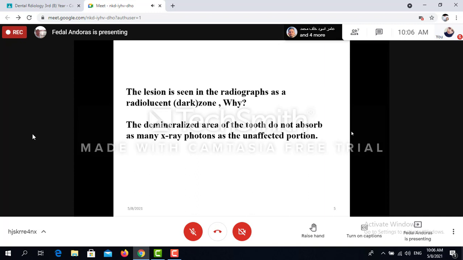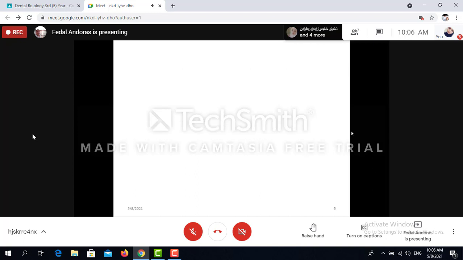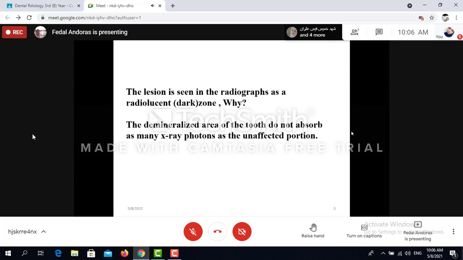So any matter like dentine and enamel that contains calcium and minerals absorbs X-ray. When there is caries, this area is demineralized. So this area allows less absorption of the radiation, and anything with less absorption of the radiation will appear as radiolucent on the X-ray.